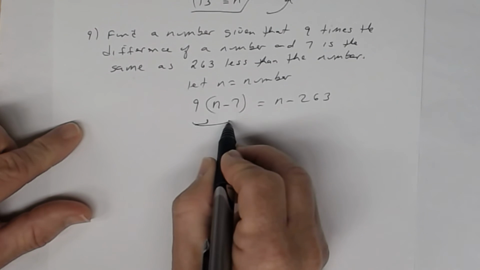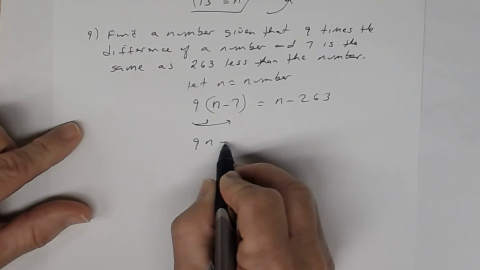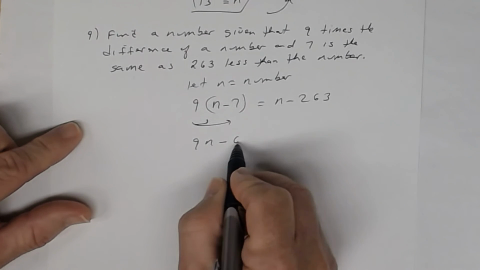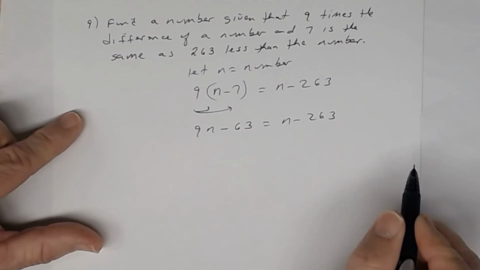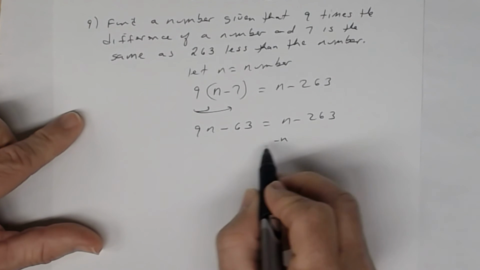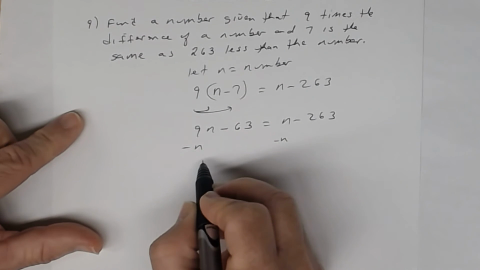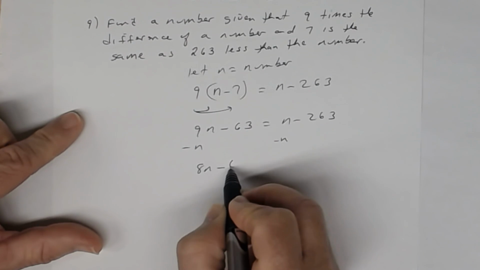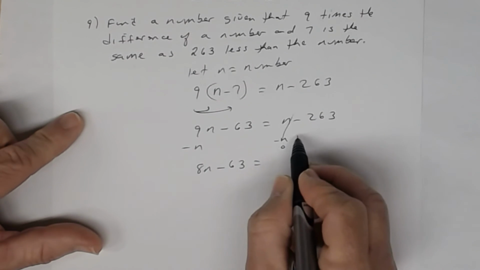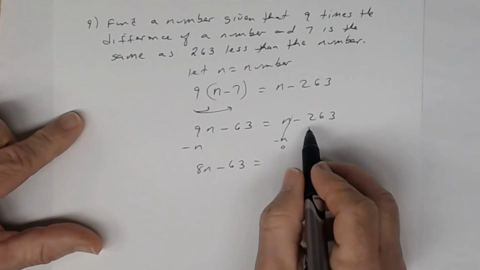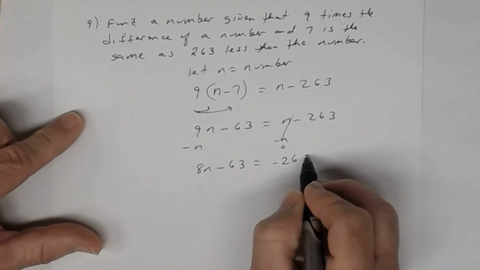So let's go ahead and distribute. So I get 9n minus 9 times 7 is 63 equals n minus 263. Let's subtract n from both sides. So I get 9n minus n is 8n minus 63 equals, the n terms on the right add up to be 0, negative 263.